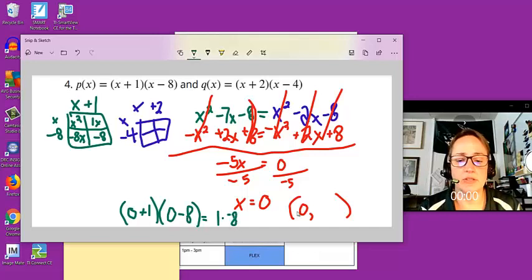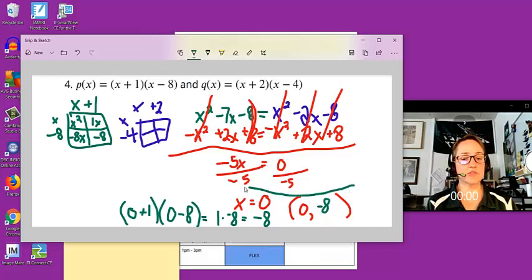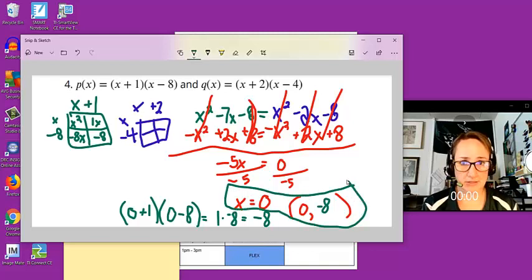This one equals negative 8. So there is our output, our y-coordinate. So this one only has one intersection point between these two graphs, and it happens at 0, negative 8.